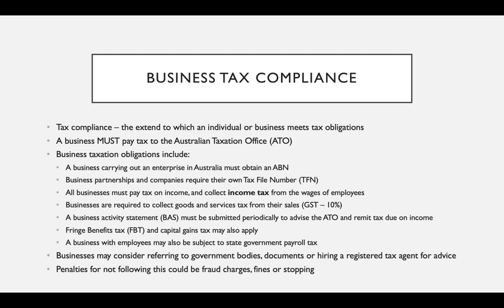Not every single country does that. It's not always advertised as the post-GST price. It may be pre-GST. A business activity statement must be submitted periodically to advise the ATO and remit tax due on income. So let them know this is still how much we owe.